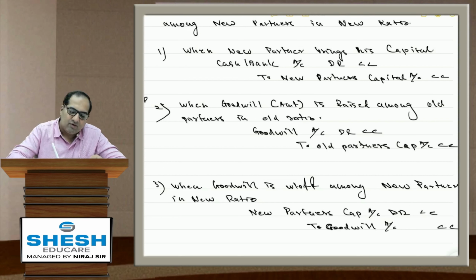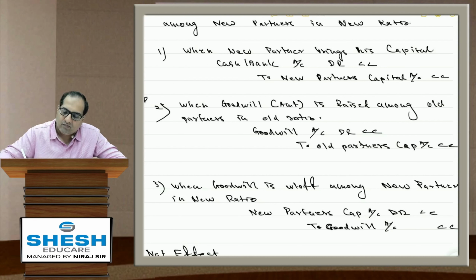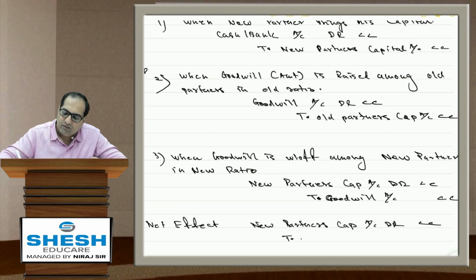Now concentrate on second and third entry. Second and third entry का net effect क्या है? New partners capital account debit to old partners capital account.